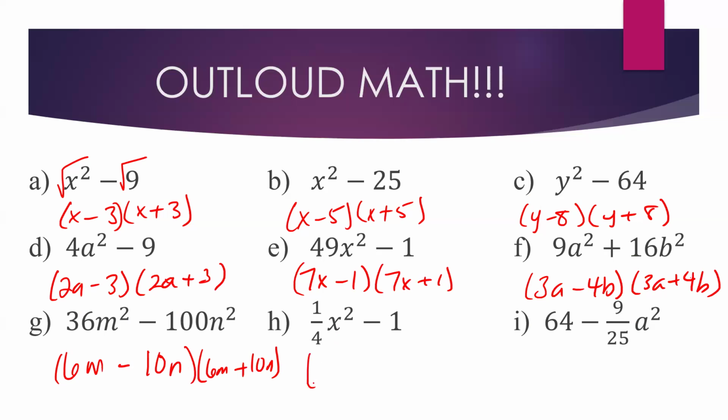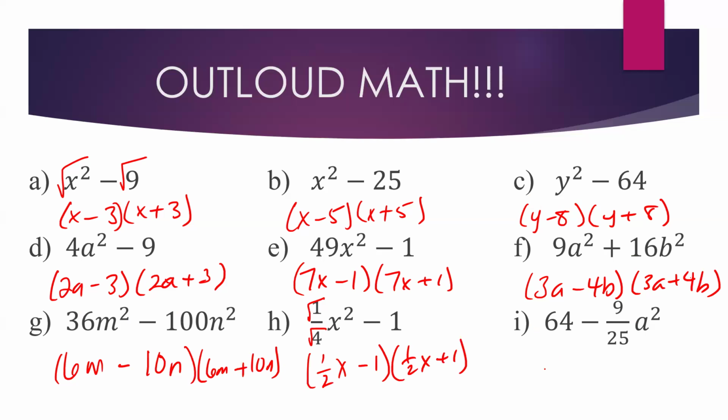What is the square root of 1/4? No, when you have a fraction, you're taking the square root of the numerator and you're taking the square root of the denominator. What's the square root of 1? 1. What's the square root of 4? 2. So the square root of 1/4 is 1/2. So we have 1/2 x minus 1, and we're going to have 1/2 x plus 1.